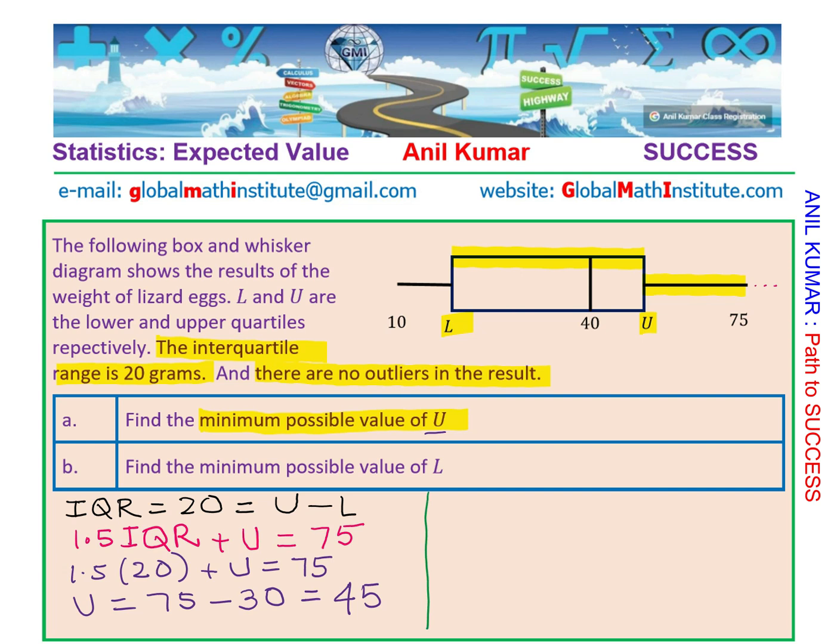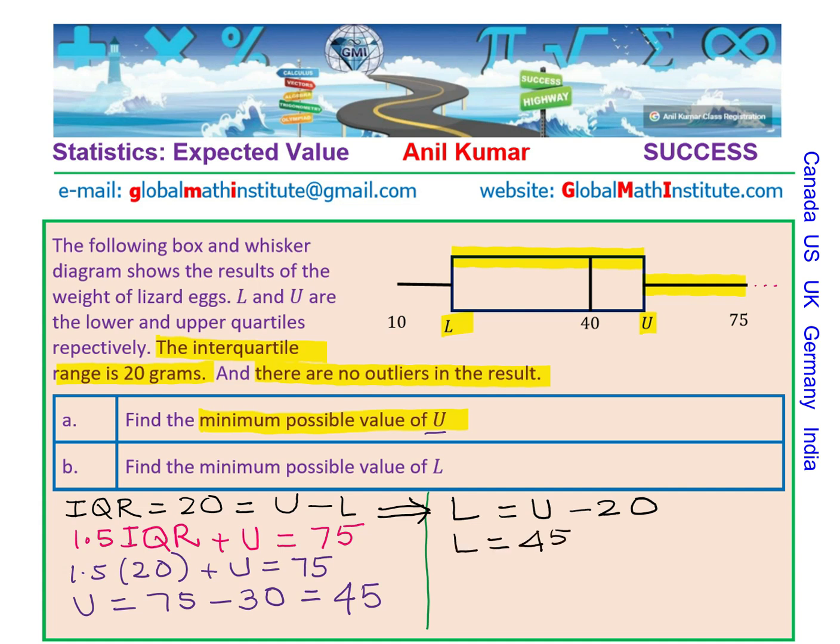Now it's simple. From the first equation, we can find the minimum value of lower quartile L. So we are going to rearrange and find the value of L, bring it to the left side, and U, and bring 20 to the right side. And therefore, we get the value of L as 45 minus 20, or L is equal to 25.